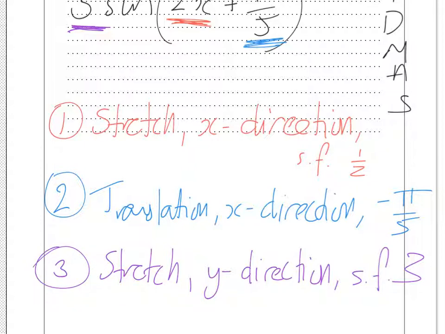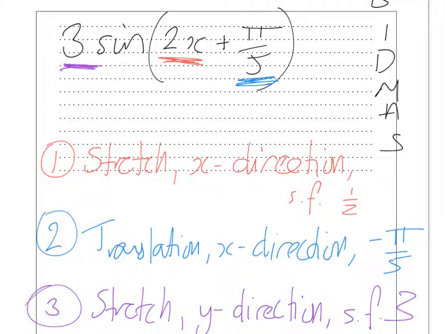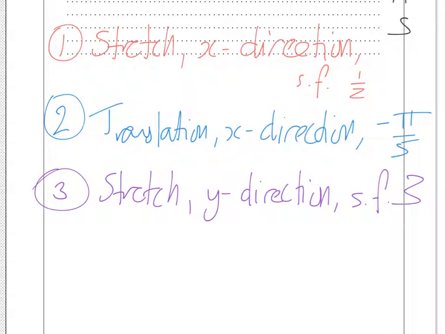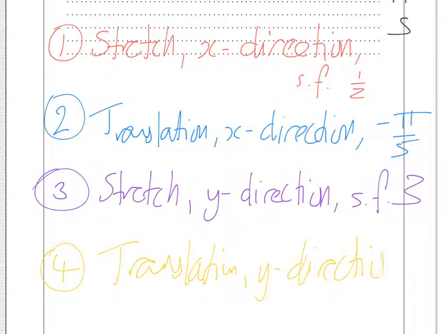And then lastly, oh no, I've forgotten to write down the plus 4 that was in the equation before. So lastly, the plus 4, which is a translation in the y direction of 4.